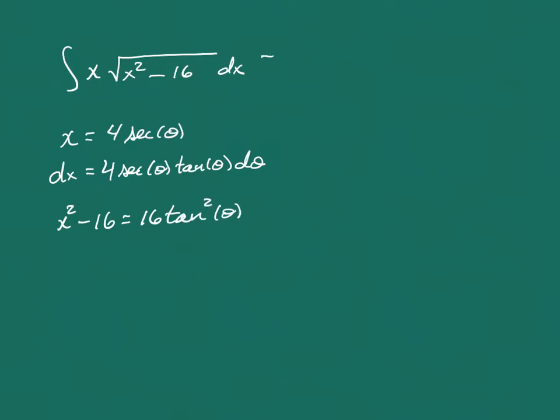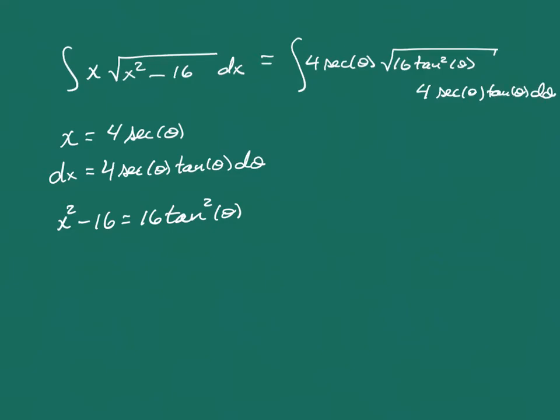If we substitute all of this in, I have a 4 secant of theta, then underneath the radical 16 tangent squared, and then for the dx, another 4 secant of theta tangent of theta d theta.